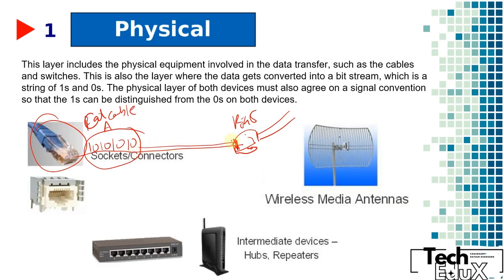And when it reaches my CAT cable on the other end, if it does not know the convention, then I'm not going to receive the data, or even if I receive the data, it will be gibberish. I cannot understand this language.